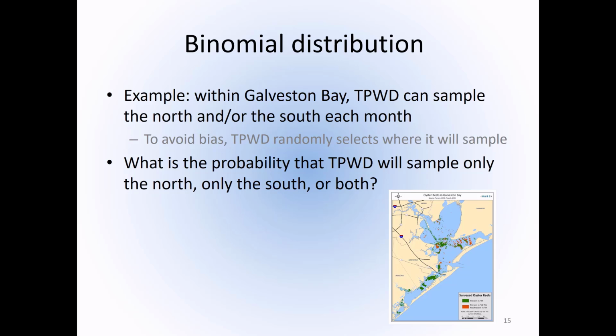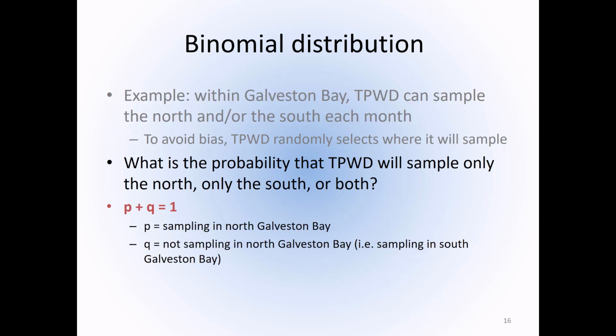What we're interested in is the probability that we're only going to happen to sample in the north, or only in the south, or that we're going to sample in both places. The reason for this is we want to avoid biasing our samples. We don't want to collect all of our data just from one portion of the bay because it's probably not going to represent the entire population of the organisms that we're studying.